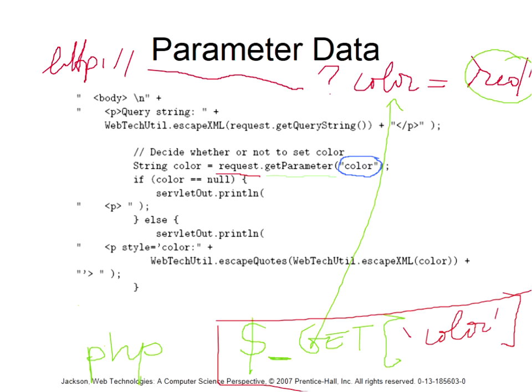So in our example, the value of color will be red, the string red. So in PHP we write $_GET['color']. In a Java servlet we write String color = request.getParameter("color").